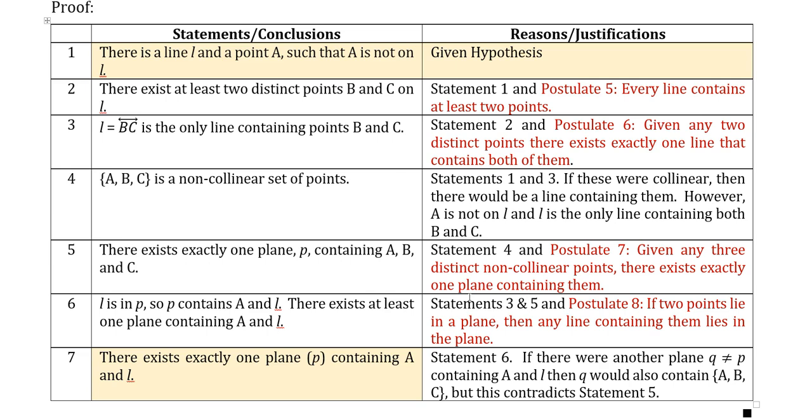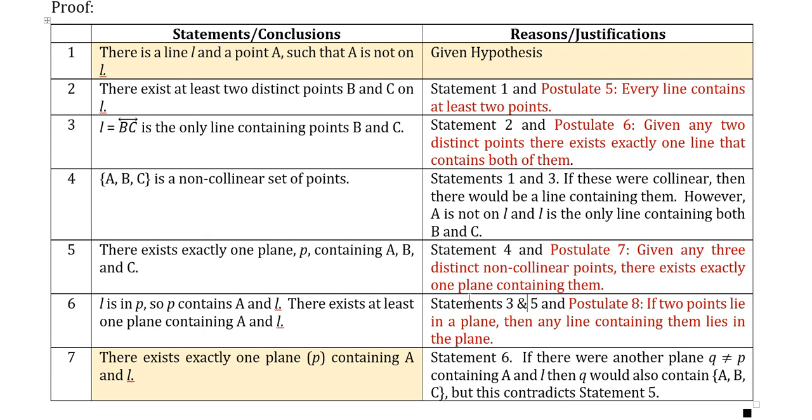That gives us that. But then statement 6 says if there were another plane that contained A and L, then that would also have to contain points A, B, and C, but that would contradict statement 5. So that gives us finally our final conclusion that there exists exactly one plane containing A and L. Now this is a good proof because it puts together a string of things.